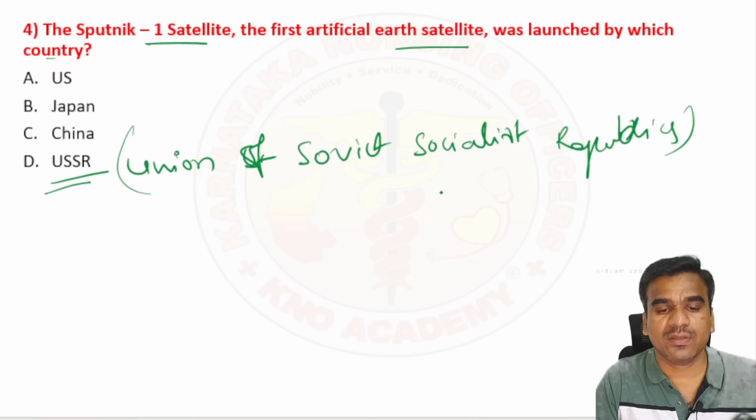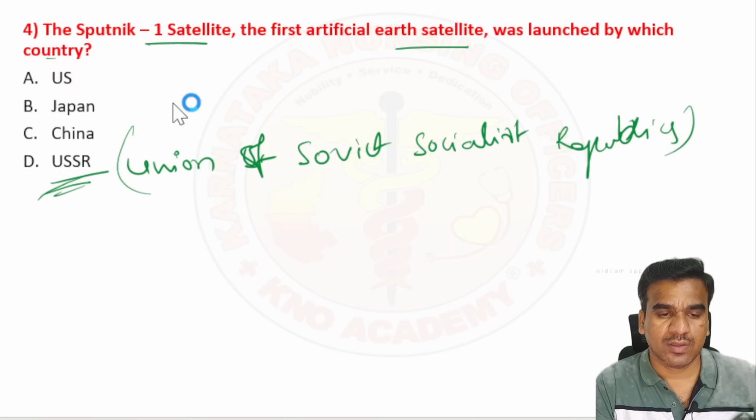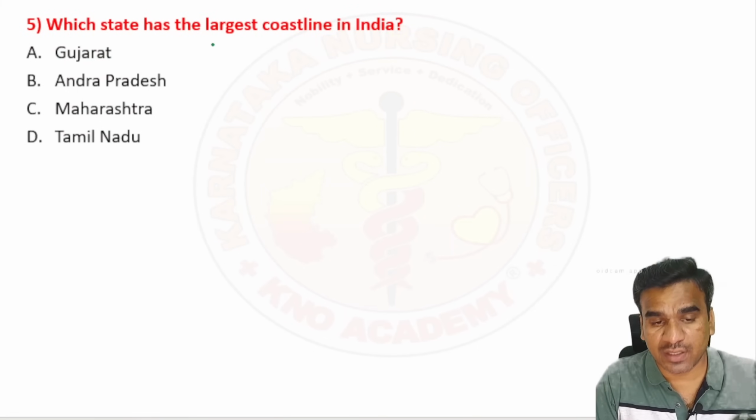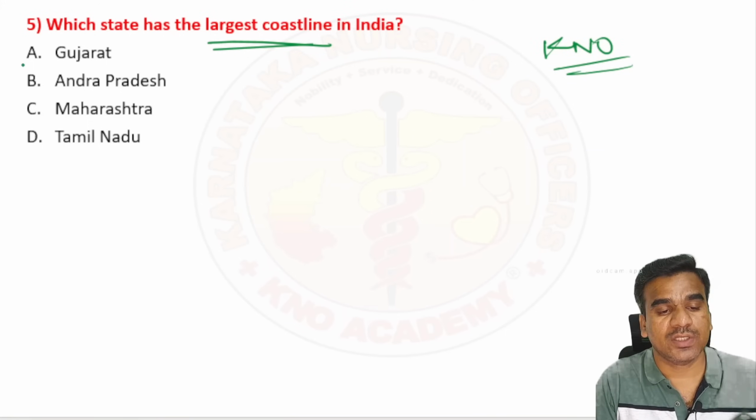I don't know, maybe many people got this wrong. Which state has the largest coastline in India? This is also a repeated question, and it also came in the KNO test series. Option one, Gujarat.